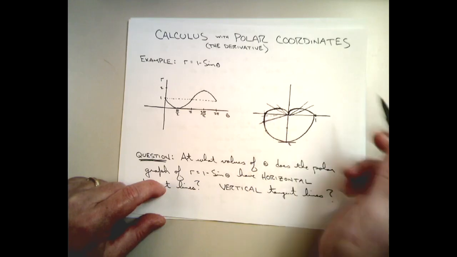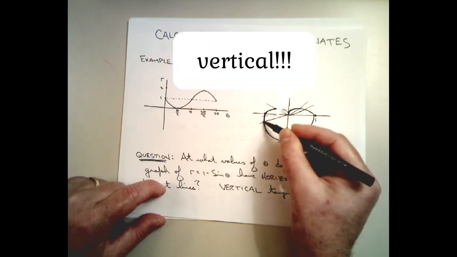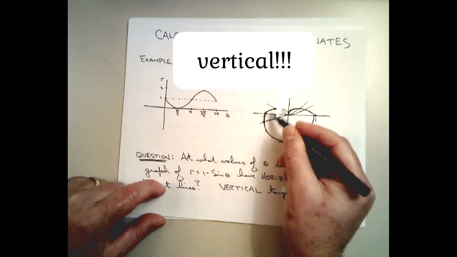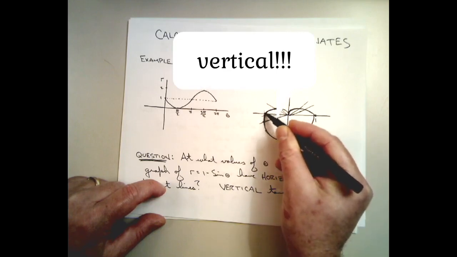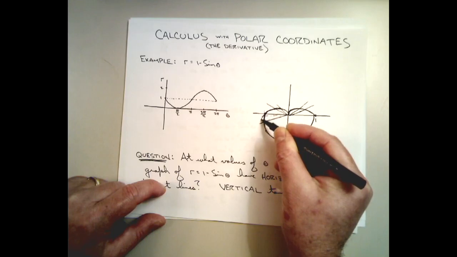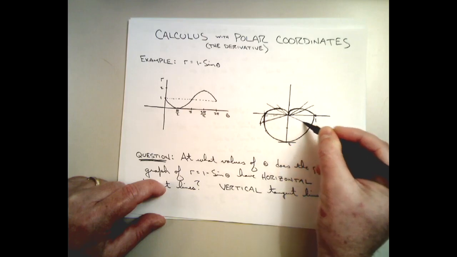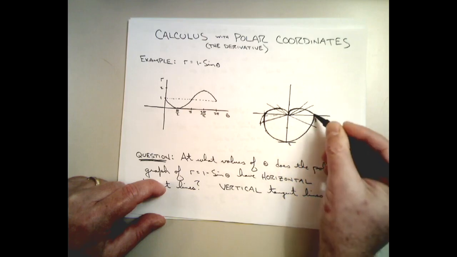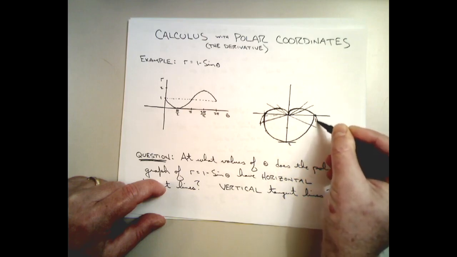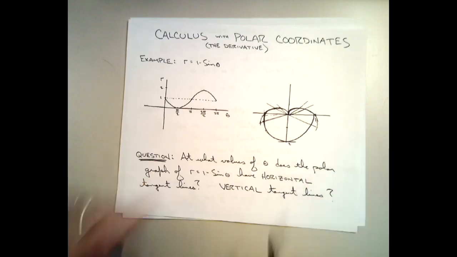That's where the vertical tangency is going to be. And so this is going to have to come out a little further. It's going to be a little more bulbous, and then we're going to wind up with a vertical tangent there. At 11 pi over 6, the same thing's going to happen, right? So I'm going to have to come out a little further, a little more bulbous, and then that's where my vertical tangent's going to be, and I wrap back around.